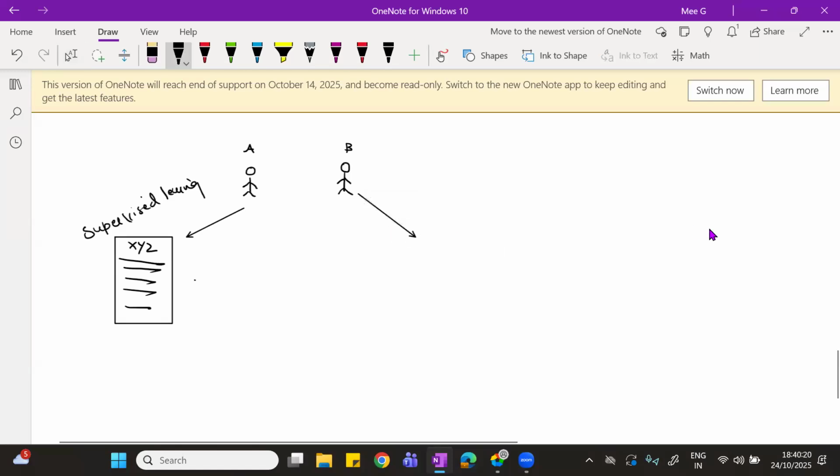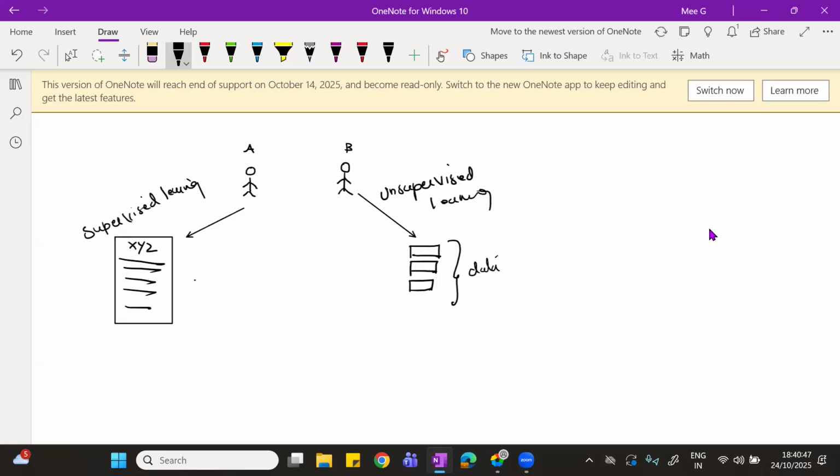So what he will do is get some books or some material and start preparing on his own. He has the data over here, but he is preparing on his own. This is called unsupervised learning.